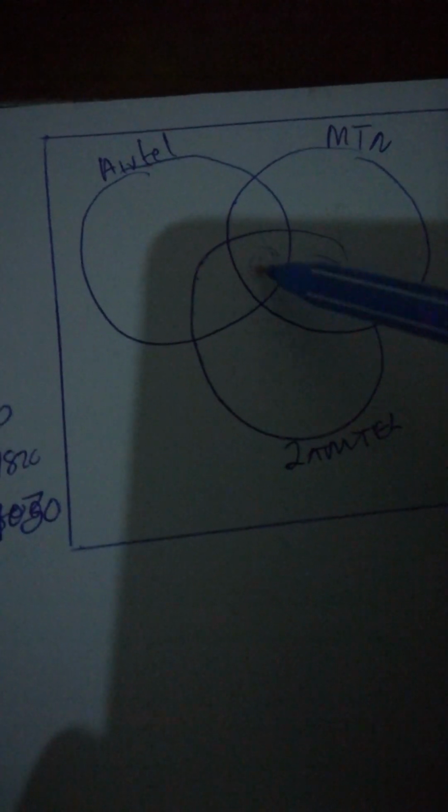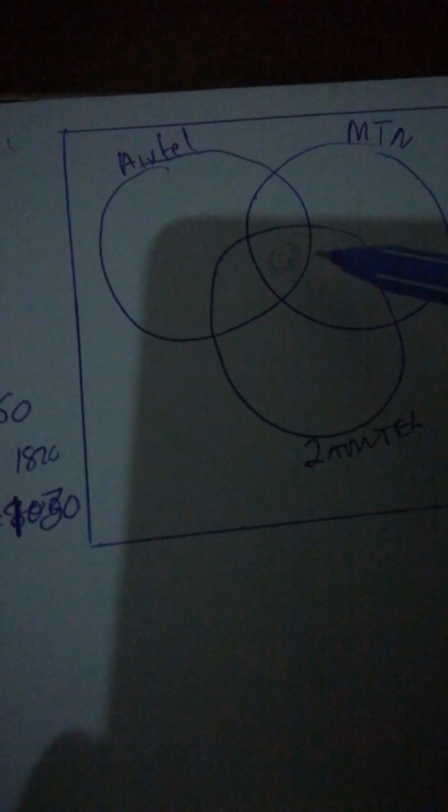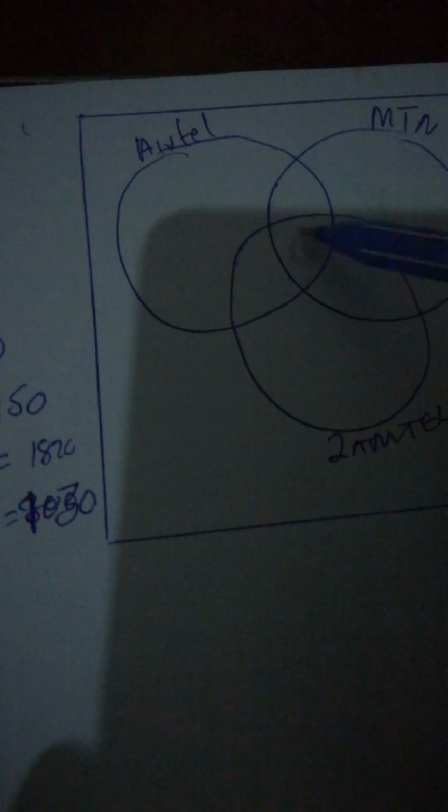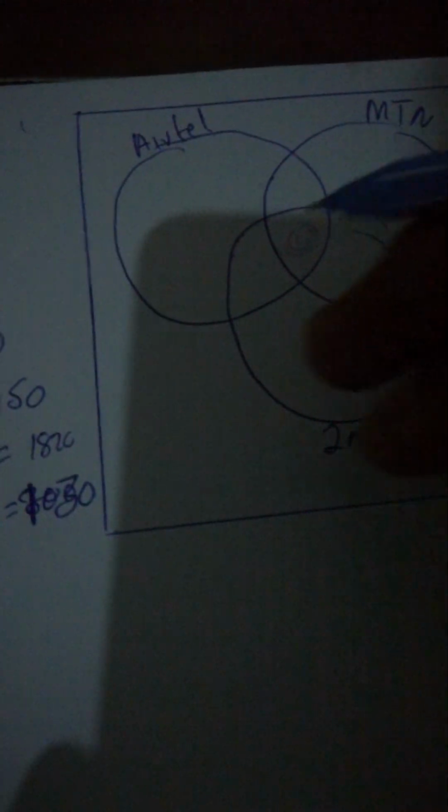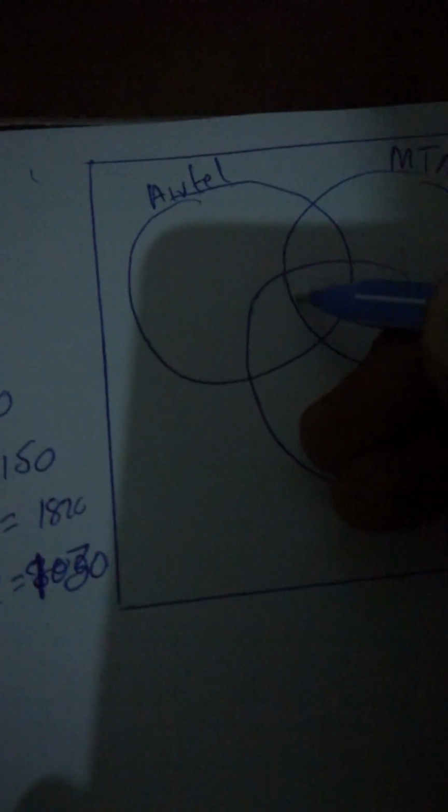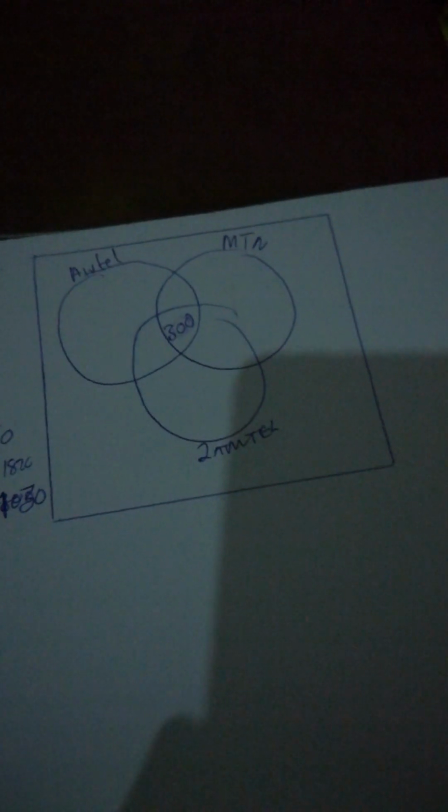This is where all the 3 telecommunications companies share what they have in common, and that's the number of people who use all the networks. So you include 300 there.